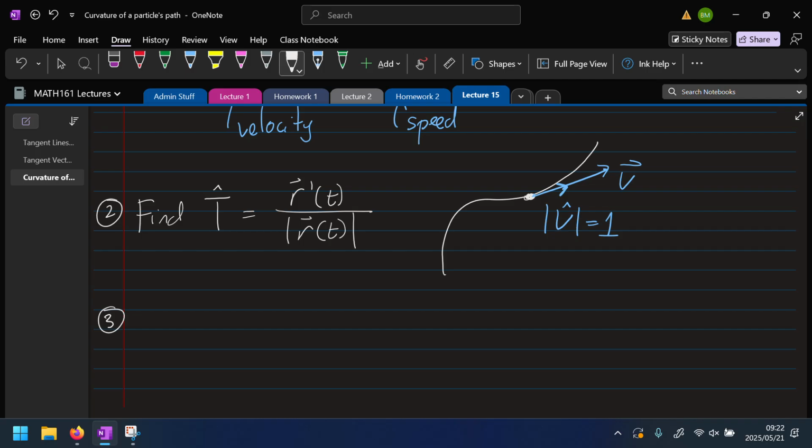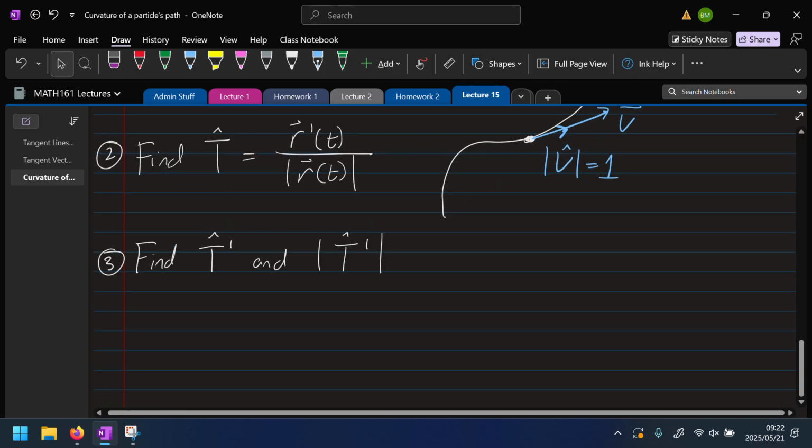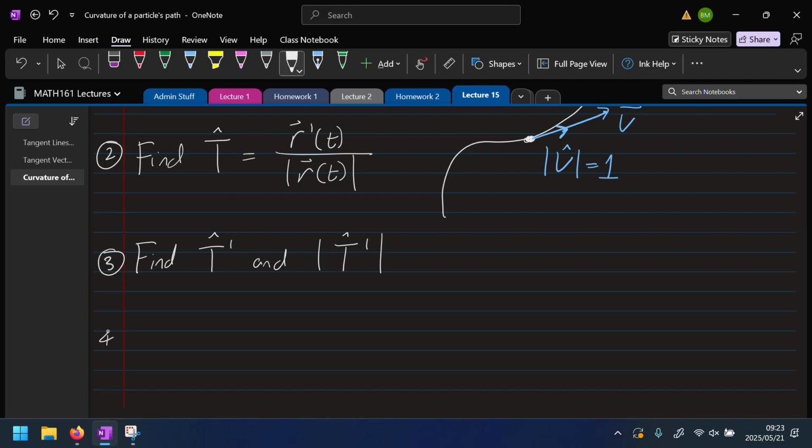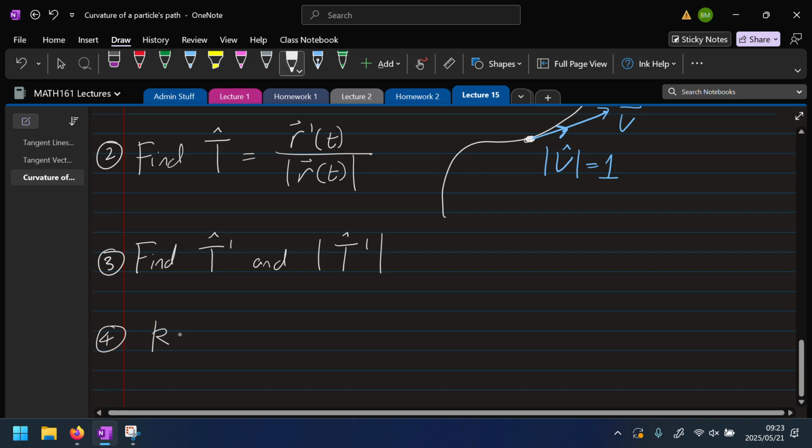Okay, step 3. We need the derivative of this vector now. So we're going to find T hat prime and the length of this vector, whatever that might be. So step 3, take the derivative of whatever you got from step 2. And then finally, step 4, put everything together.